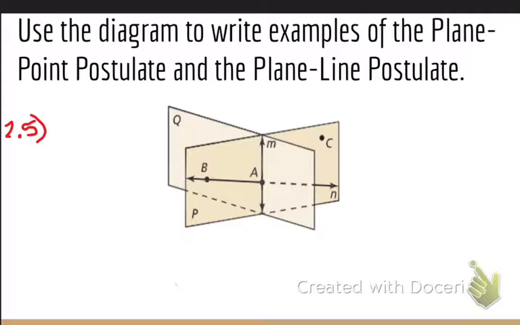A plane contains at least 3 non-collinear points. Okay, how many planes are in this diagram that you see? Two. Two clearly defined. Do you see one of the planes that clearly shows 3 non-collinear points? A, B, C are in plane P. So write that. Plane P contains A, B, and C.